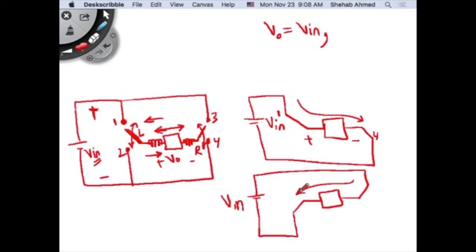The opposite way, right? So in one configuration I'm putting V input, in the other configuration I'm putting minus V input, right? If this is the polarity of V output, I flip the polarity of V input across it, right? So I have V input or minus V input. Do you agree? Okay.